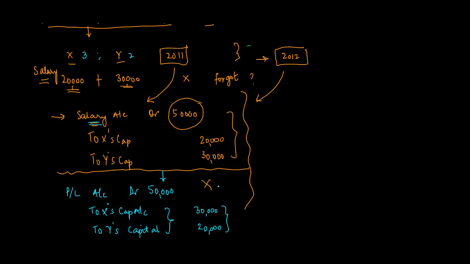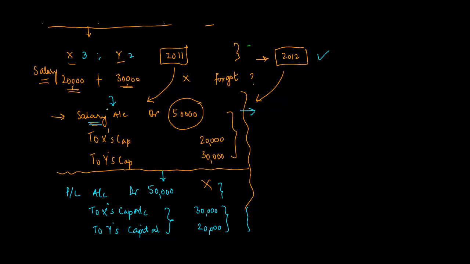Now comes 2012. I need to do a rectification. What is the error I made? I did not debit the salary account. So should I debit the salary account this year? The answer is no. Why?